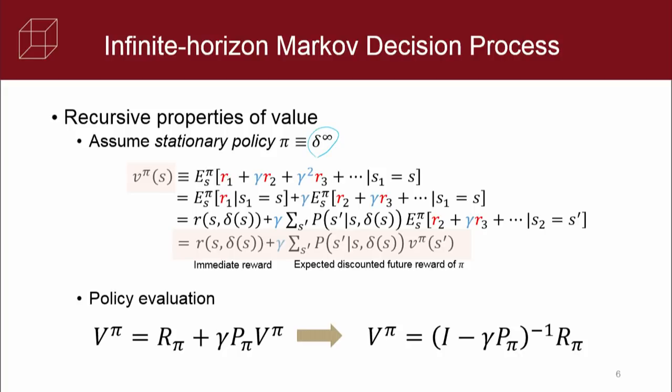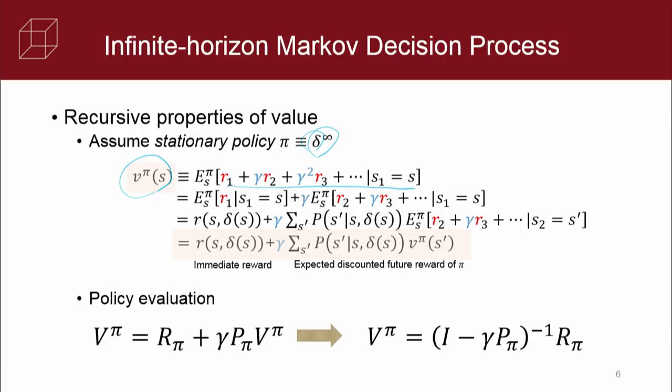Because over the infinite horizon, at every stage, we use the same decision rule delta, the policy pi is equal to delta for the stationary policy. Then, as we show in this slide, the value function V pi of s is an expectation of the series of the rewards.